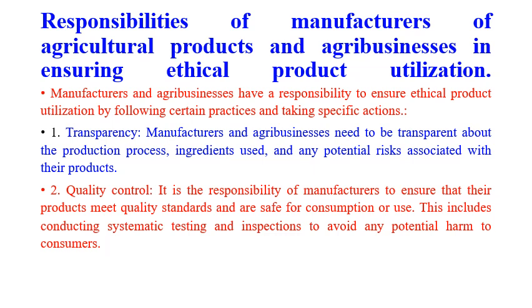Number one is transparency. Manufacturers and agribusinesses need to be transparent about the production process. They have to be transparent about the type of ingredients they use and any potential risk that is associated with their product. They need to open up with it, and this will help consumers to make informed decisions and also promote trust.